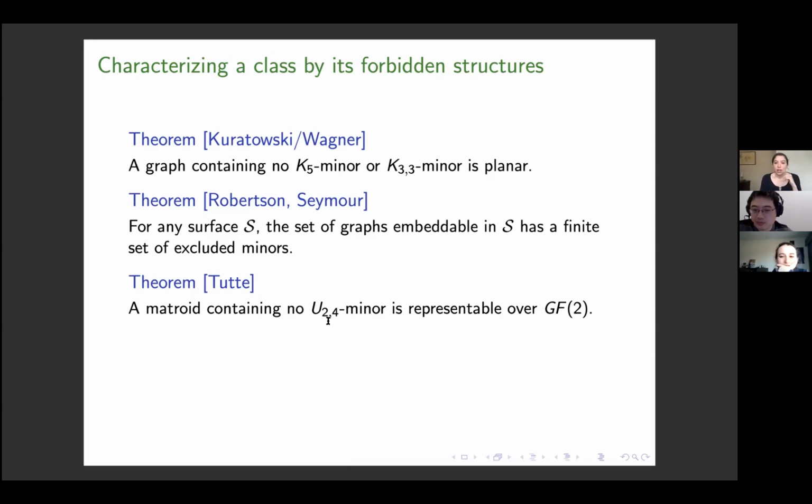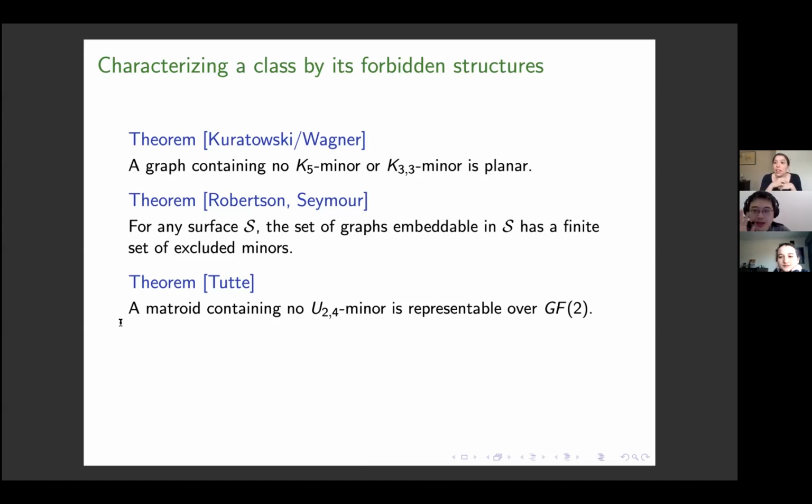So that would have rank 2, meaning the biggest independent set is 2 elements, and it has 4 elements. The U is for uniform. So if I have 4 elements, every set of size up to 2 is independent. Every set with more than 2 elements is dependent. That's what this U2,4 tells me.